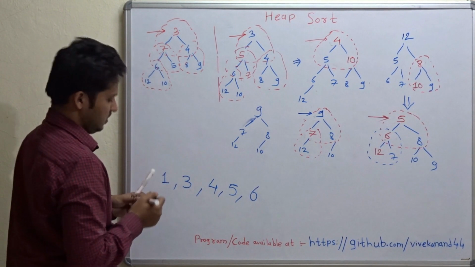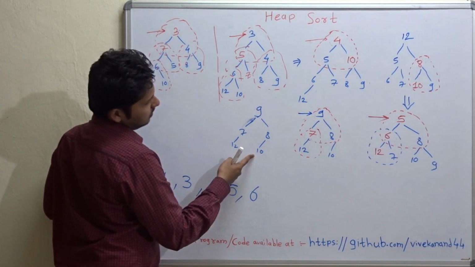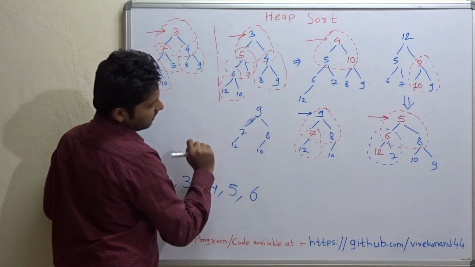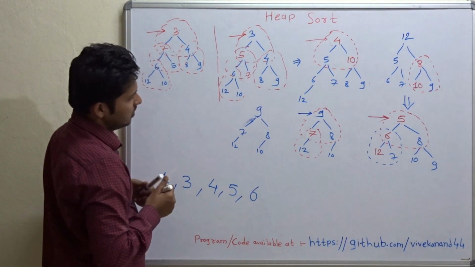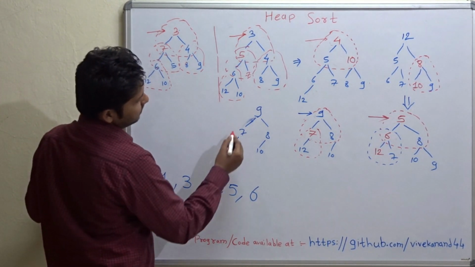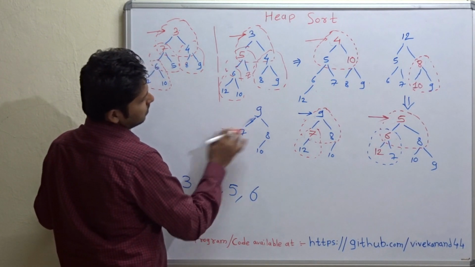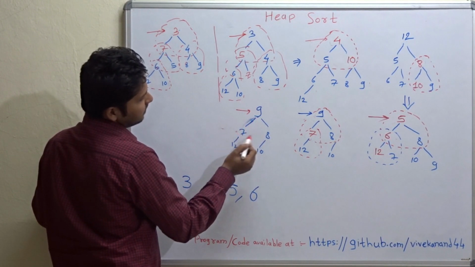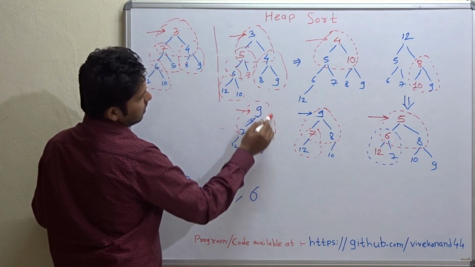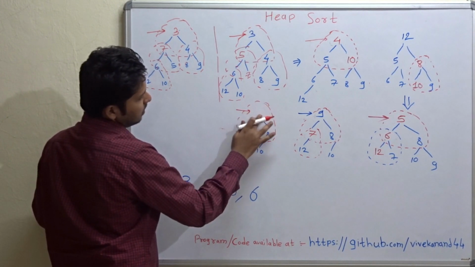So now check. 9, yes, doesn't satisfy the condition. It doesn't remain a heap again. So let's heapify this level. 8 is less than 7, yes. So 9 doesn't satisfy the condition. 9 is greater than 7. Out of these three, what is minimum? 7 is minimum.